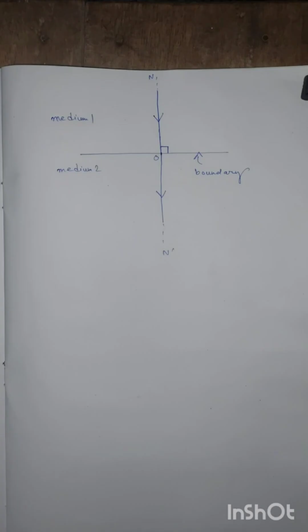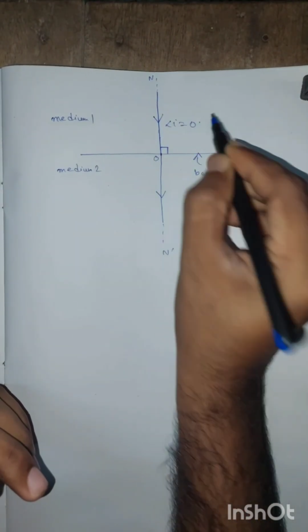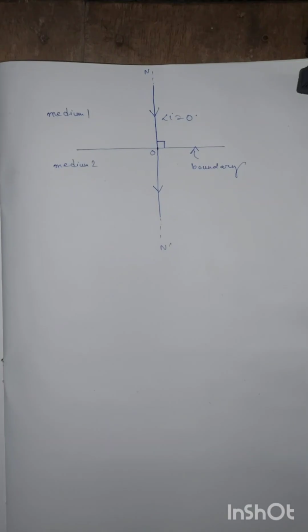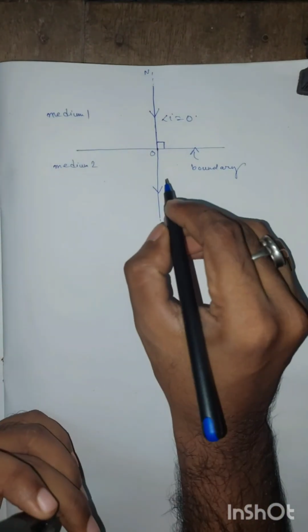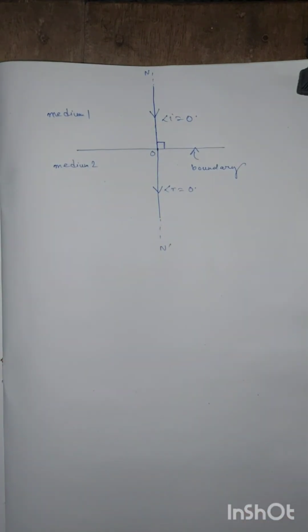The normal at the point of incidence and the incident ray and the refracted ray lie on the same line. That means we can say the angle of incidence in this case is 0 degree. Okay, and the angle of refraction is also 0 degree. So it suffers no deviation.